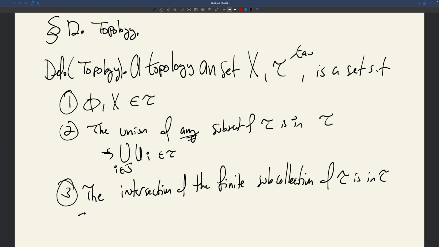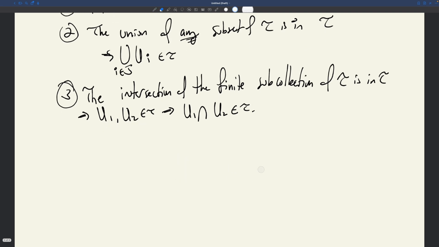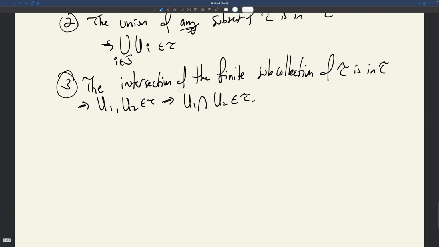And we could write this, for example, U1, U2 in tau implies that U1 intersection U2 is also in tau. This can be extended to great detail.